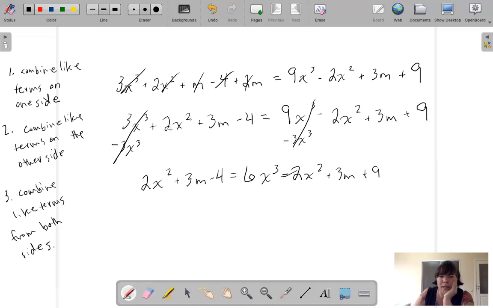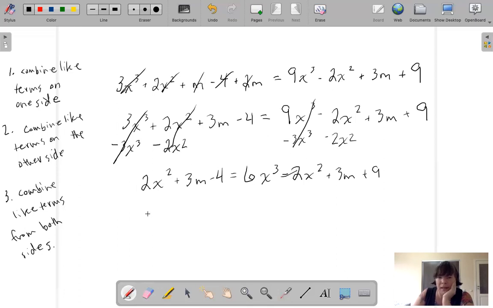Now I've got my 2x squared. If I have 2x squared, but I want 0, I subtract 2x squared. If I do it to this side, I have to do it to this side. So subtract 2x squared.